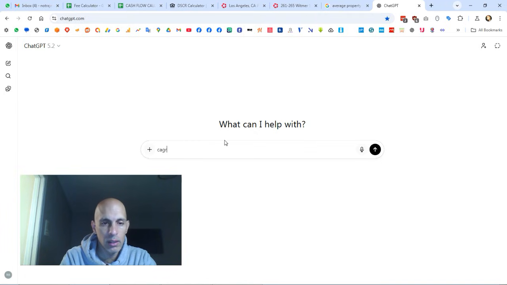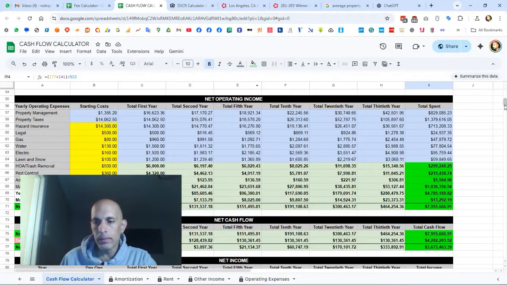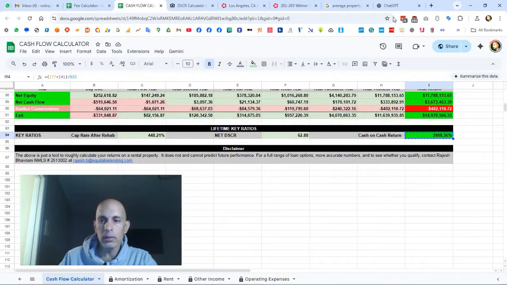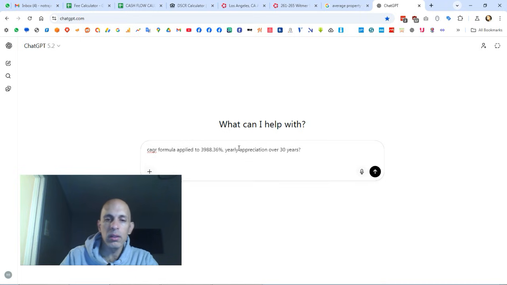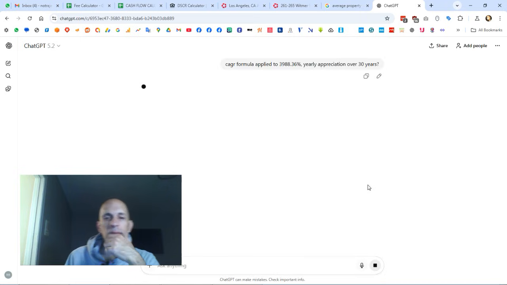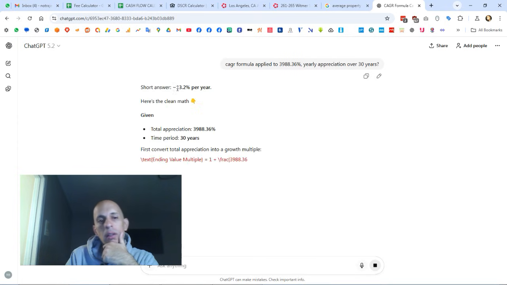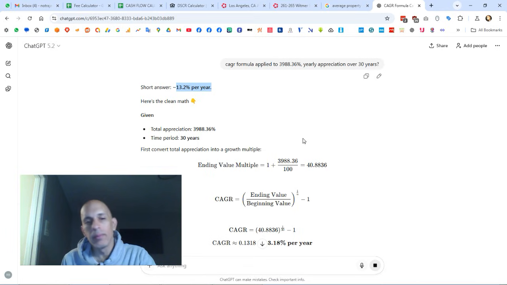CAGR formula applied to yearly appreciation over 30 years. 13.2% per year.